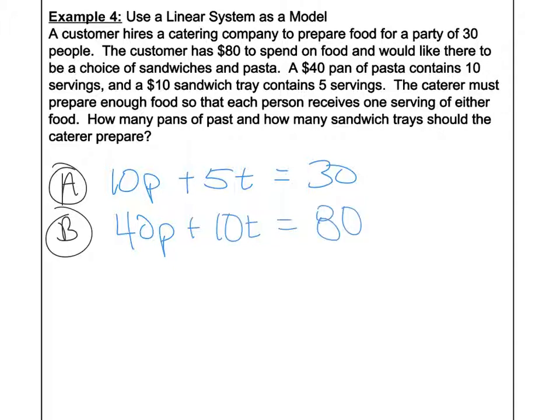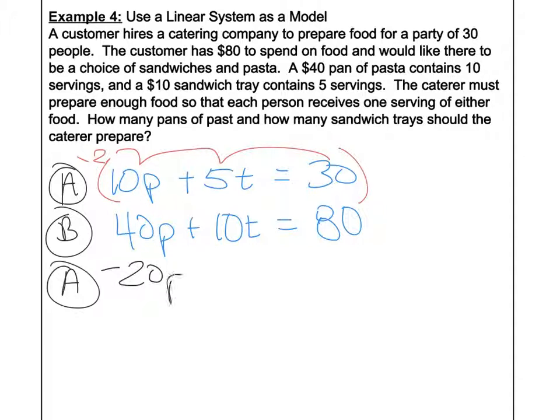Now we've got our A and our B equations, and we can simply figure out who we want to get rid of. Just because the numbers are smaller, I'd get rid of the T's. Now they're both positive, so I have to multiply one of these by a negative. I'm going to multiply this by -2. That changes everybody. So my A equation, which I'll rewrite right below my B, becomes -20P minus 10T equals -60.